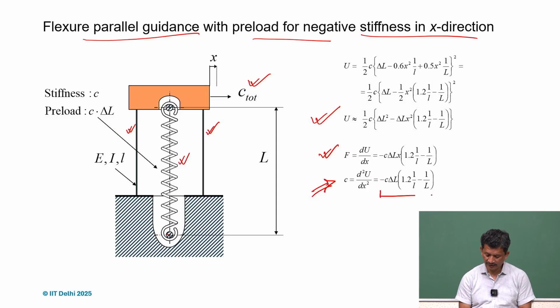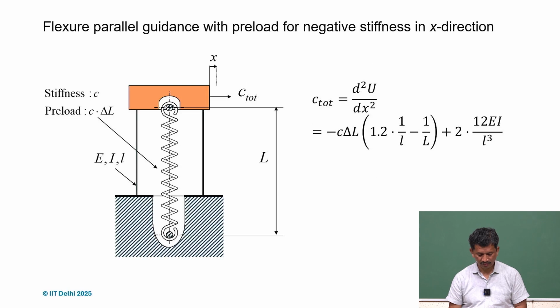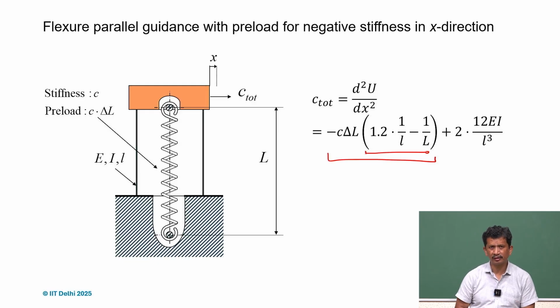And what we realize is that there is a term with minus C delta L, and under the bracket 1.2 over small l minus 1 over capital L. So what we realize is that this negative stiffness behavior we will get only if the value in the bracket is positive, because the negative we have already taken out.